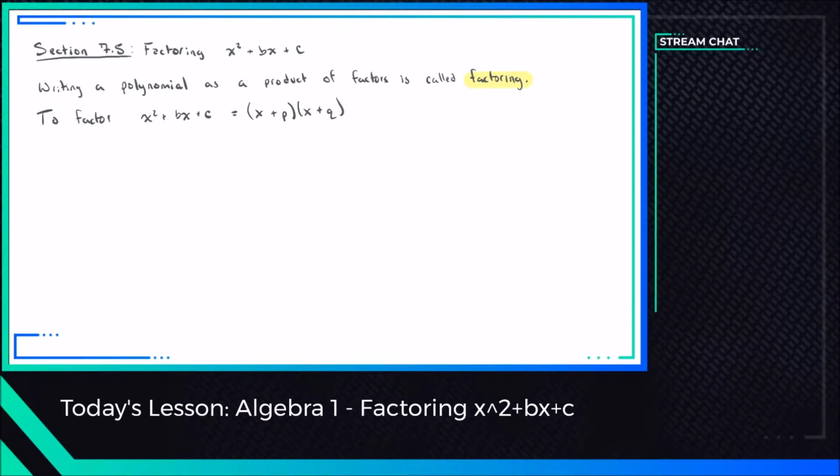And to do that, you need to find a p and q that satisfy the following. B is equal to P plus Q. So this B right here is this B, and P and Q are right here. And you also have to satisfy that C is equal to P multiplied by Q.